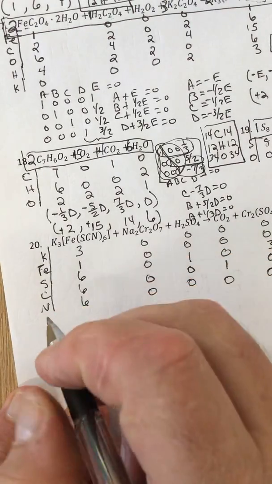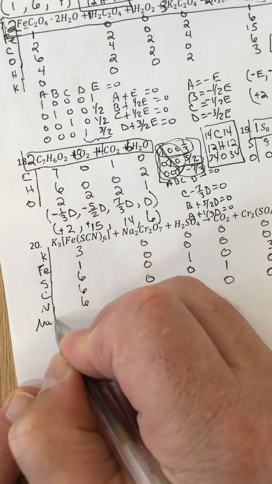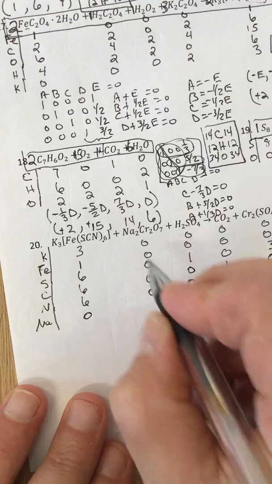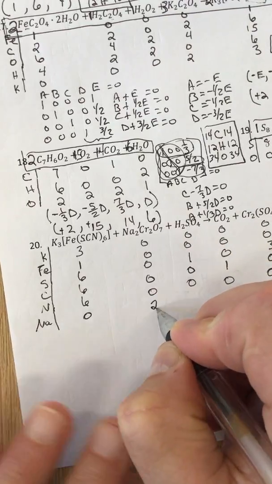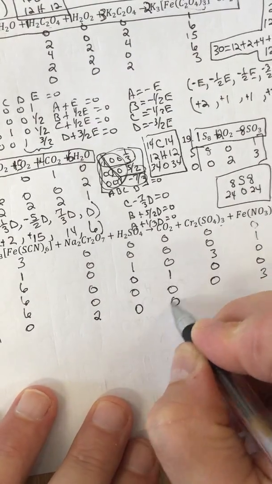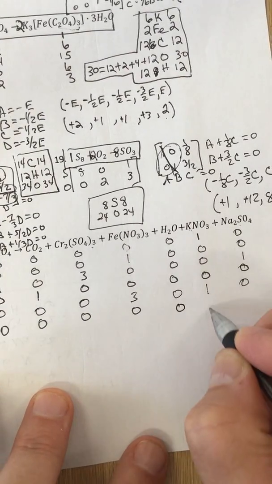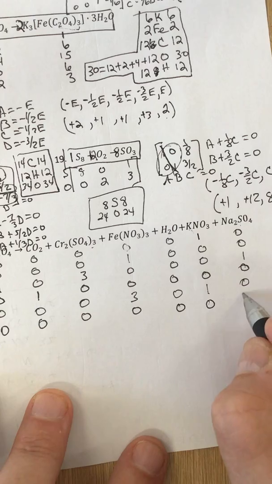How about what's next? Sodium, Na, that would be that one. So there's no sodiums in any of that, but there's 2 of them there. 0, 0, 0, 0, 0, 0, and there's 2 of them there.